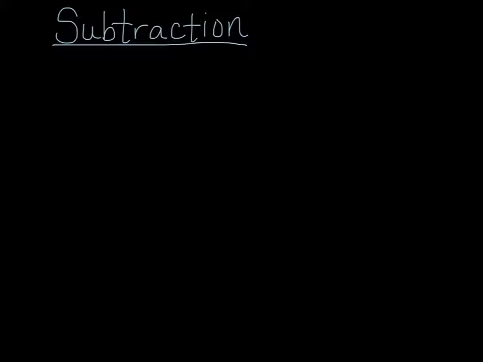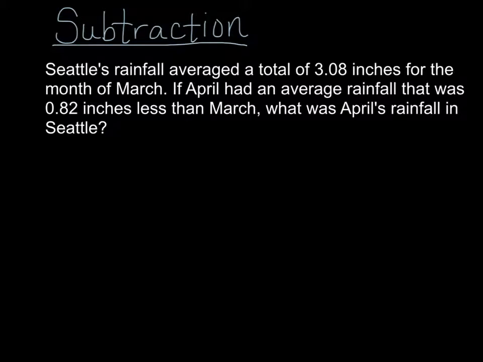So we're going to go ahead and start with an example. The first problem is Seattle's rainfall averaged a total of 3 and 8/100 inches for the month of March. If April had an average rainfall that was 82/100 inches less than March, what was April's rainfall in Seattle? So what we're first going to do, underline the information that we know.